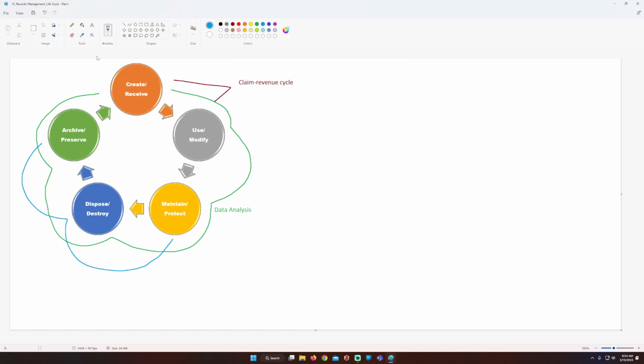So I like to think of risk management as being on the very back end of our cycle. Risk management, while yes, we can see issues with the first 2 steps, primarily when we think about the HIPAA security rule, we need to focus on reducing the chances of breaches.